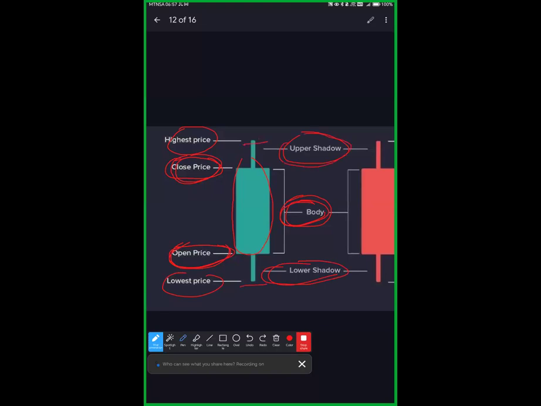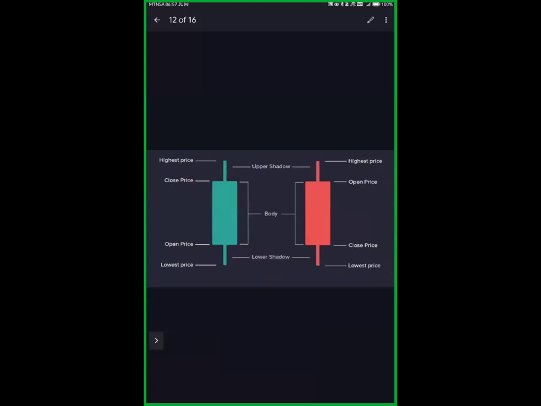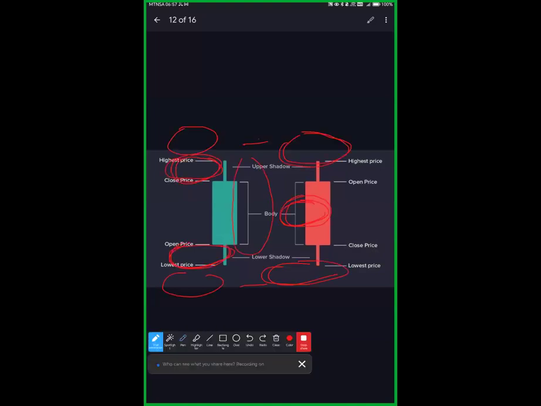This is in line with a buying pressure candle. The same applies to a selling pressure candle. It should also have the same parts. The only difference is when it comes to sellers, since buyers buy low and sell high. When the price goes high up here, some people will start selling.